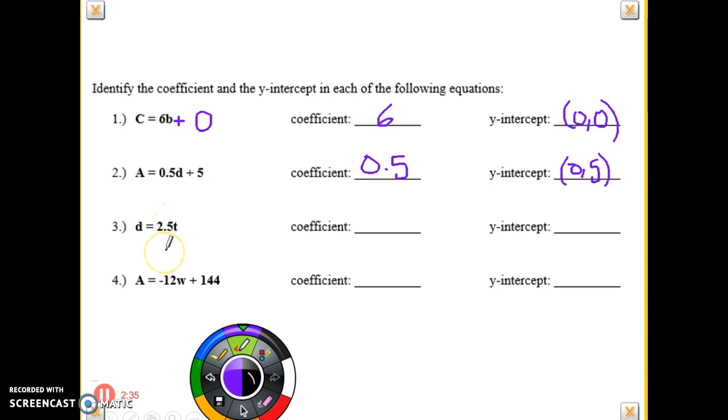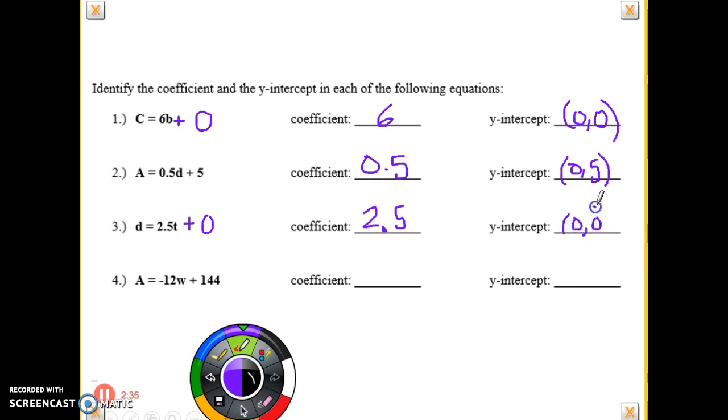So continuing on, we'll find that the coefficient is the number before the independent variable. So in example 3, it's 2.5. And the y-intercept is the number added on. This one has a number that could be added on as 0. So that makes our y-intercept 0, 0 again.